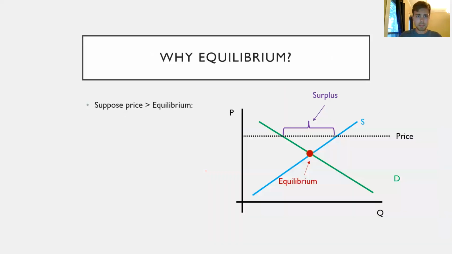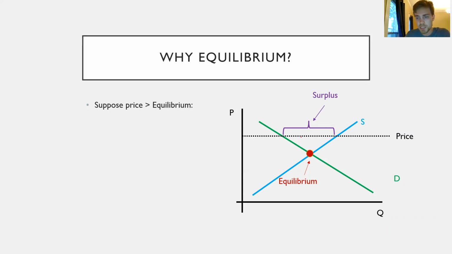Okay. Now moving on. It's important to understand why we get to equilibrium, why it is that markets settle at that point where supply and demand are equal. One way to think about this is to say, well, what happens if the price is above equilibrium? Why wouldn't it settle at a price above equilibrium?